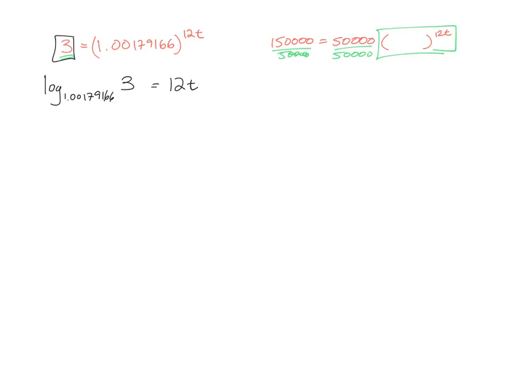So now we can divide by 12 to solve for t, and I can actually write out on this slide what I did on the previous slide when I didn't have enough room. I took this top piece right here, this 3 log base blah blah blah 3, and I used the change of base formula.